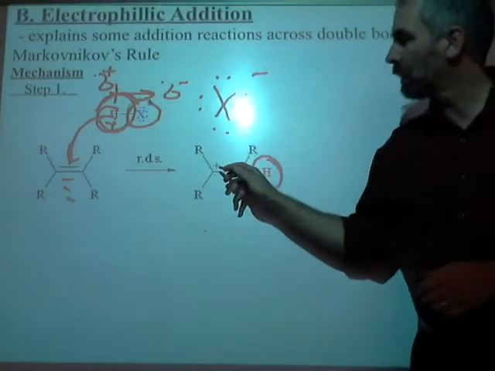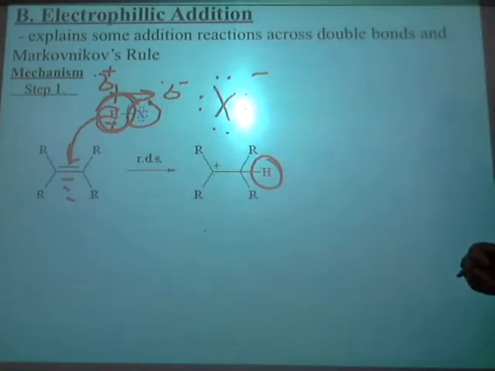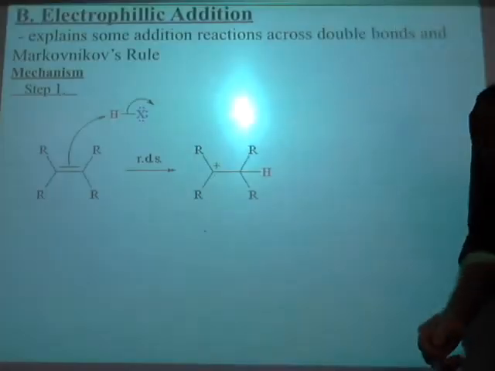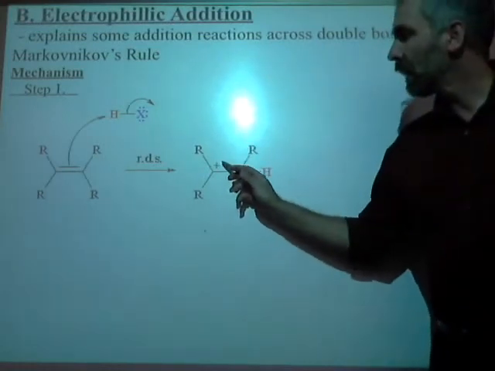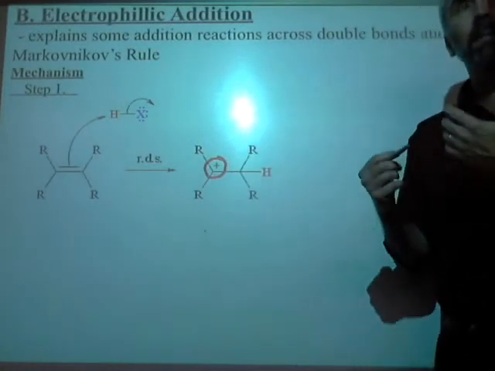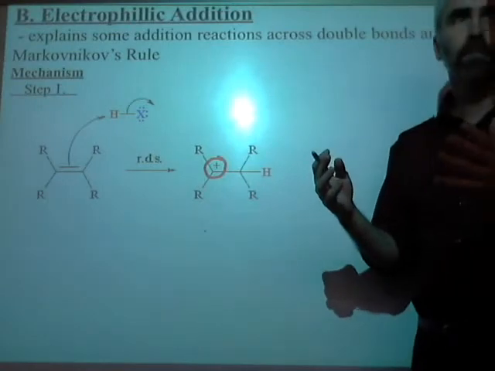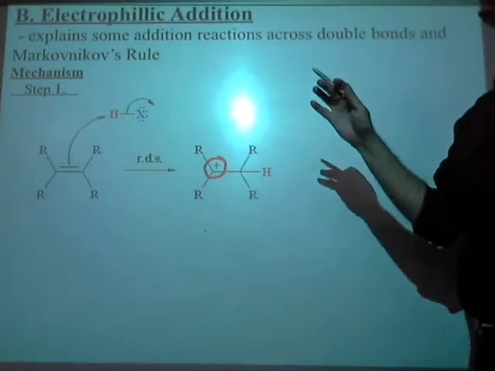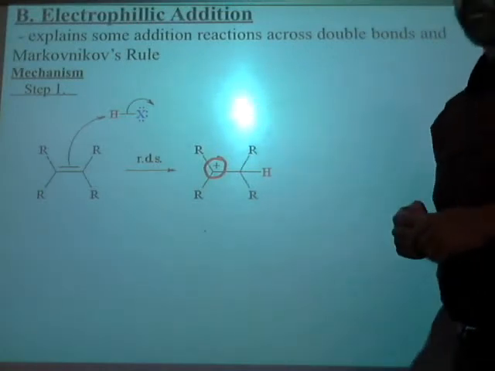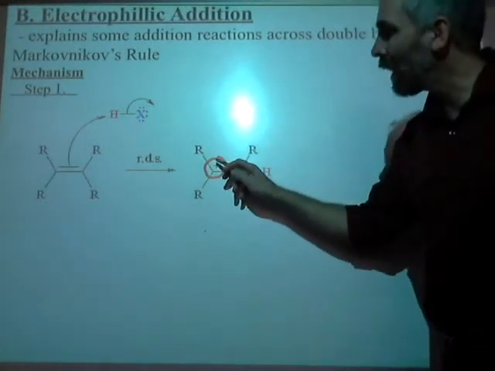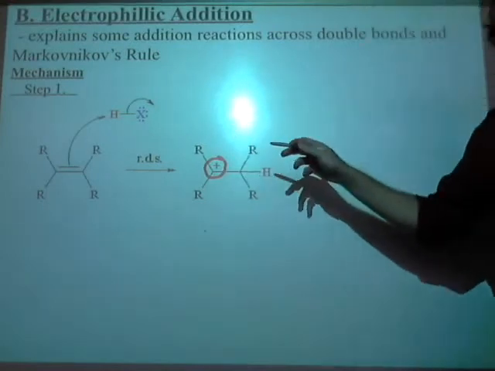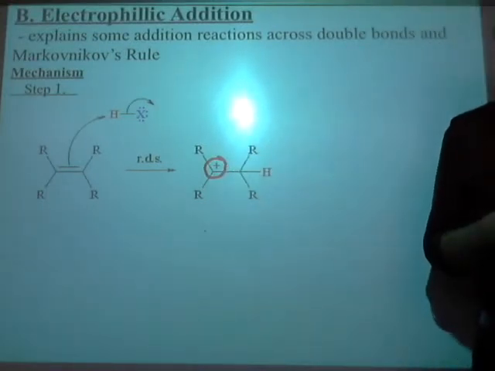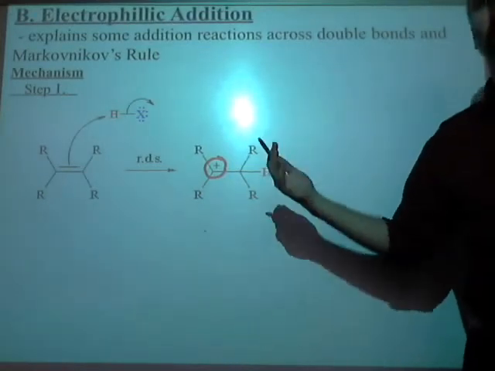The carbonium ion that's formed, this is the crazy part here. This is going to seem like the opposite of what I told you, but listen to this. We're going to find that this positive charge can be much more easily dispersed if there are other groups around it, other carbons, other alkyl groups. So I want that to form on the carbon that is most substituted, like tertiary versus secondary versus primary.